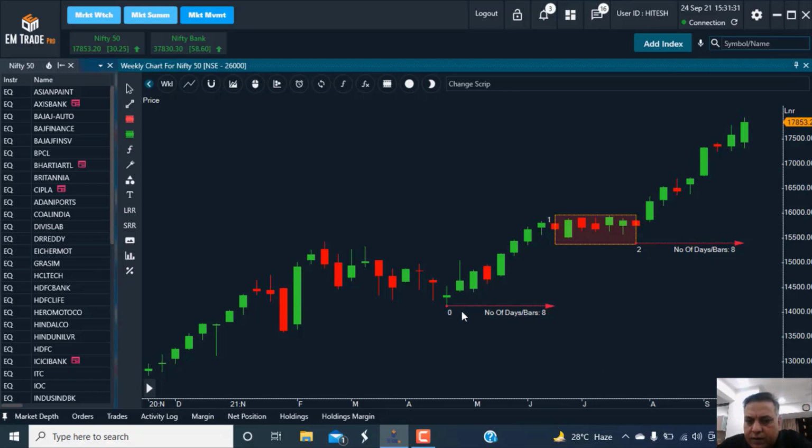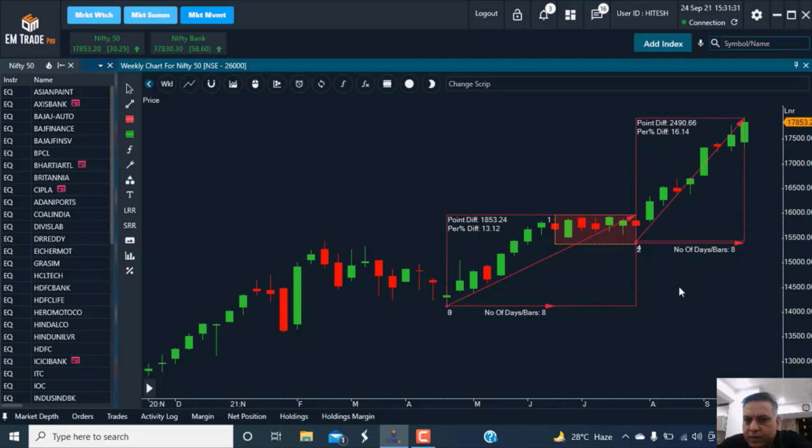In terms of cycle, we study the time and the price. In terms of price, we completed a 13% advance here, and from this low, we have already seen a 16% advance.